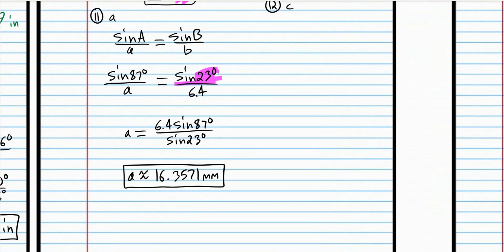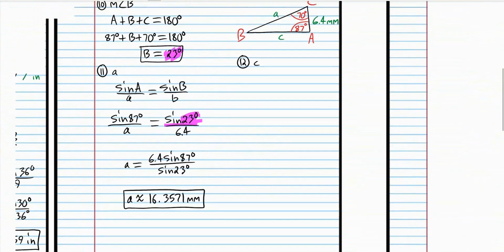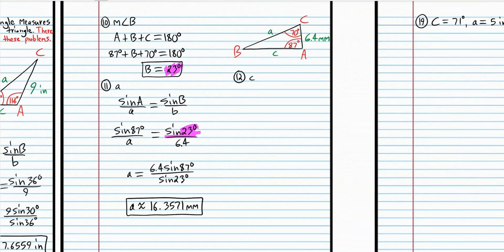Again, make sure you write your units. These problems don't tell us what to round off to, but when you're using the law of sines or cosines, it's always best to carry 4 decimals, or 4 digits to the right of the decimal.